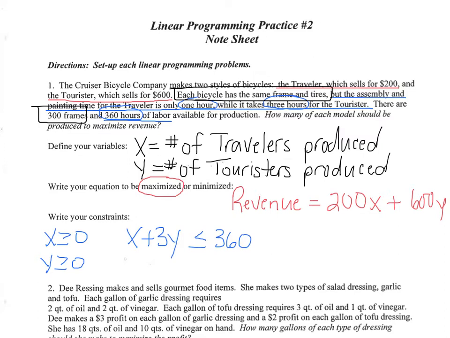So each bicycle has one frame and one set of tires. So you get one frame for the Traveler and one frame for the Tourister, and I only have 300 frames available, so that means I could use less than or equal to 300. And these would be the constraints for this problem, and all of this together makes up one setup for a linear programming problem.